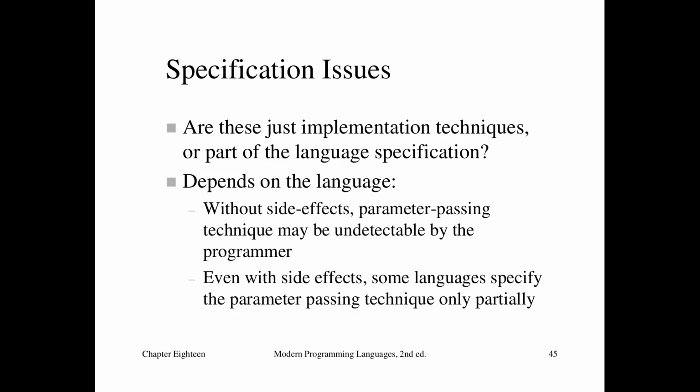If we are not considering side effects, the parameter passing technique may be undetectable by the programmer, right? If there are no side effects, then we may not be able to determine what's going on. But even if you do have side effects, identifying which specific parameter passing technique is being used, you may only be able to determine partially.